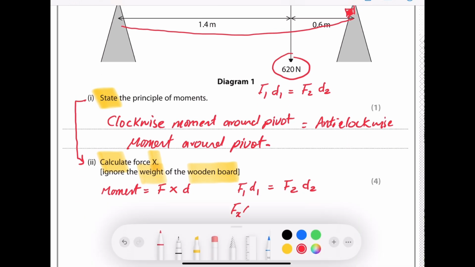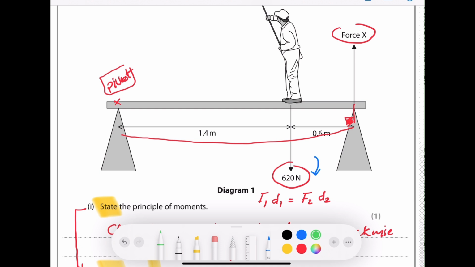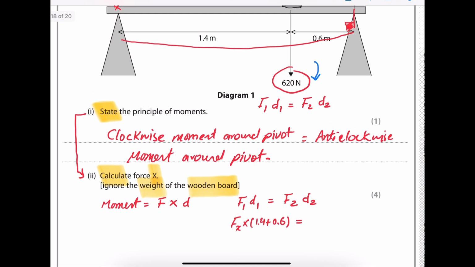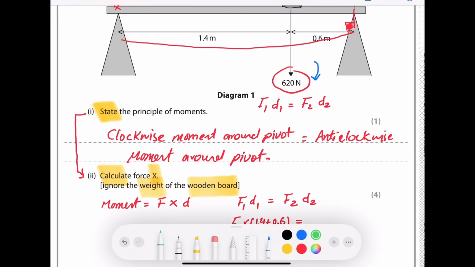So F of X times 1.4 plus 0.6 equals the weight, which is causing a clockwise moment, and force X is anti-clockwise. Okay, let's go to the equation again. So 620, and the perpendicular distance from the pivot here is 1.4 meters.